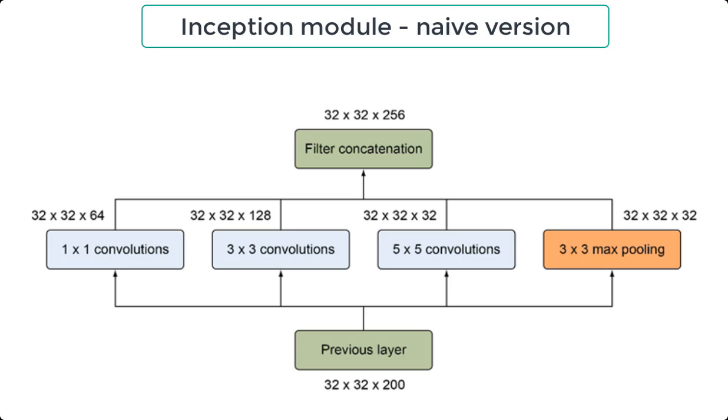Then we concatenate the depth of the 4 outputs to create one output volume of dimension 32 by 32 by 256. Now we have the Inception module, which takes an input volume of 32 by 32 by 200 and gives the output volume of 32 by 32 by 256.